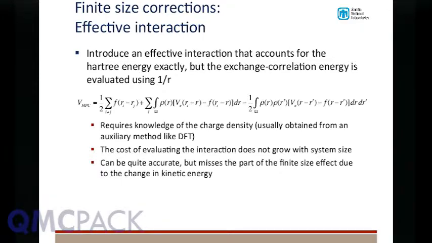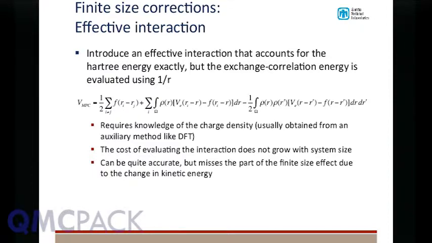So again, you have to get a pretty good charge density from DFT, which is often not too bad. An added benefit is that because we're doing the Hartree energy exactly, and a lot of the correlation is coming from something that isn't infinitely periodic, the cost doesn't grow with system size, right? So it's actually a way to do the calculations of the interaction that scales more favorably.